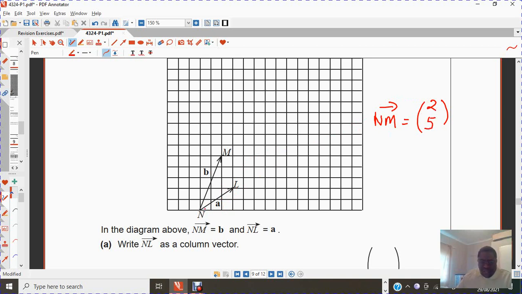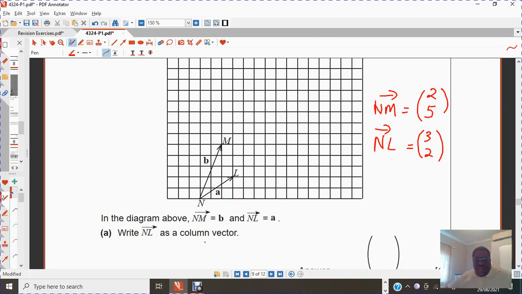And vector NL, it's 1, 2, 3 across and 2 up. So that's 3, 2. All right. What else do I need? Well, I have that information.